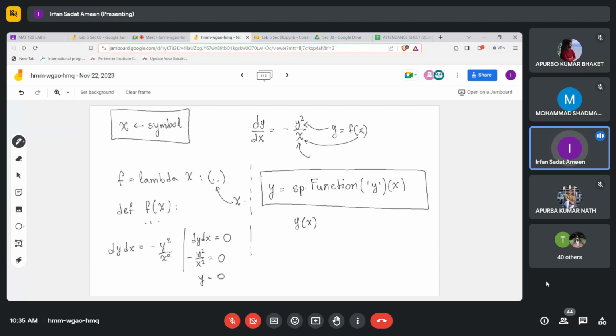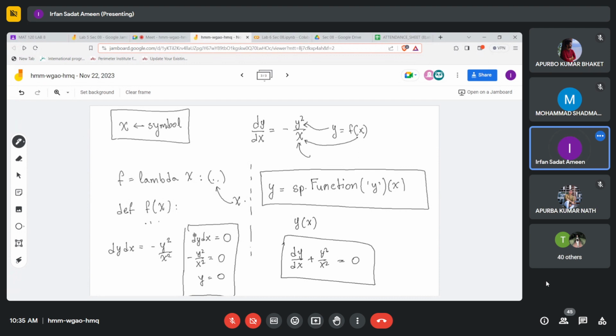But this is not it, right? This is not the solution. So what can we do here? Our solution requires that we solve dy by dx plus y square by x square equals 0. We need to solve this. Okay, do you understand where I made the mistake?